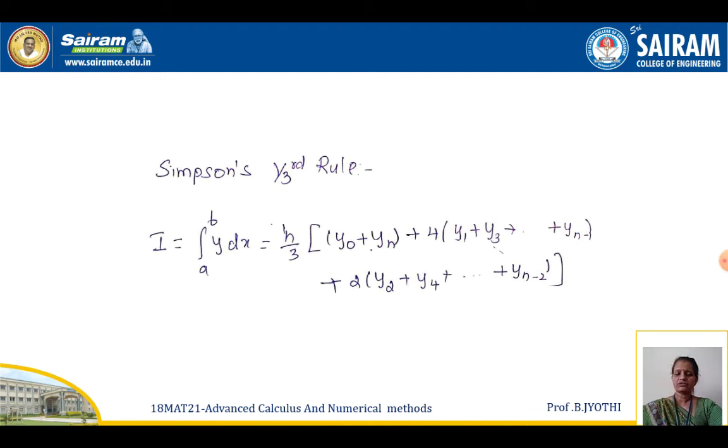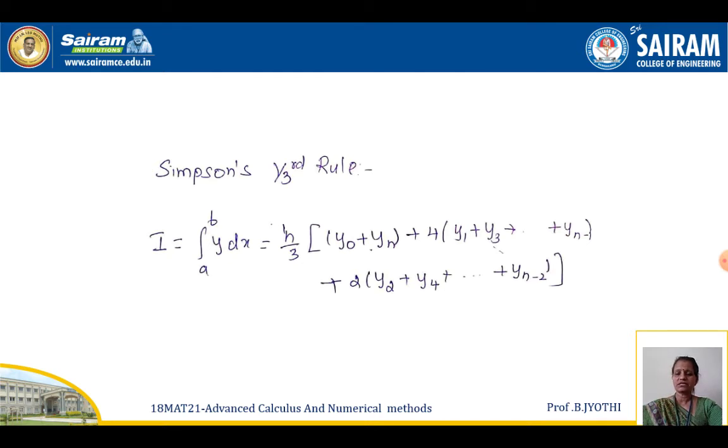We come across three rules depending on the number of divisions we make in the interval. The first one is Simpson's one-third rule.